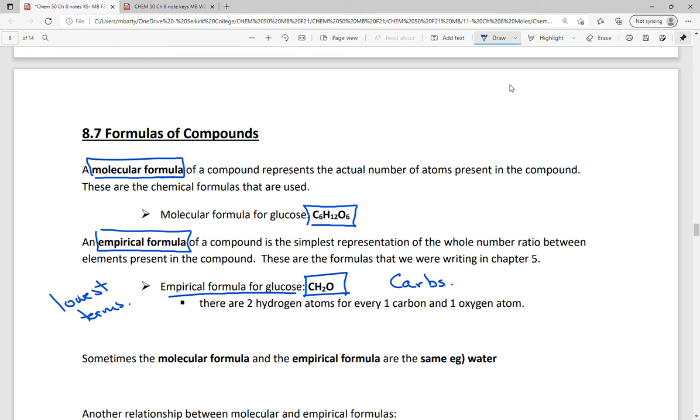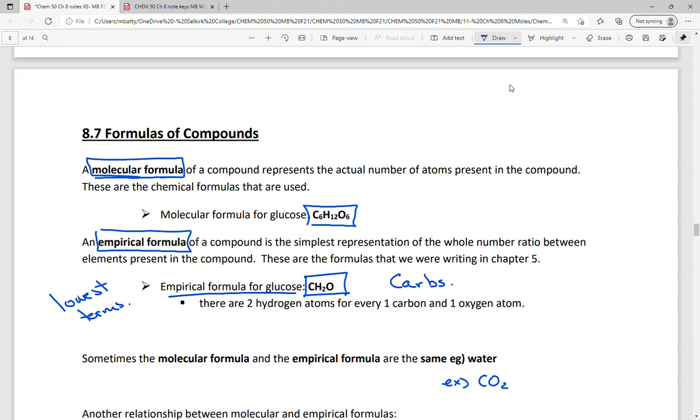So there are ways of linking percent composition by mass into the empirical formula, and then the last part of this chapter is how do you go to the molecular formula from that. Sometimes the molecular formula and the empirical formula are exactly the same. The example could be carbon dioxide. The molecular formula for carbon dioxide is CO2, and the empirical formula for carbon dioxide is CO2.